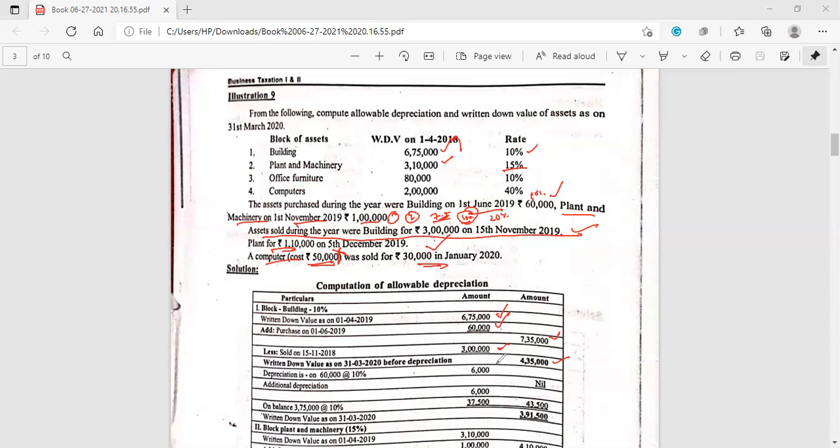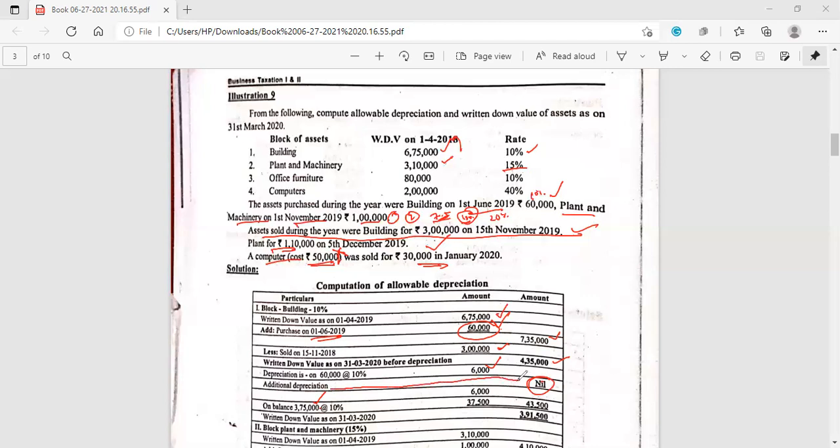Now here, on the additions made on June, at the rate of 10%, we'll get 6,000. And on balance, since it is not a block of asset which is eligible to claim additional depreciation, it is not required here.